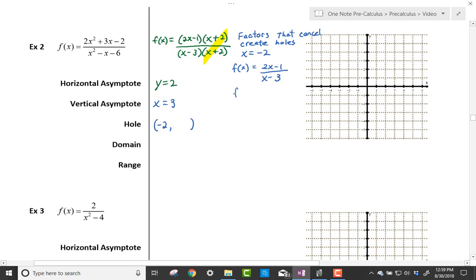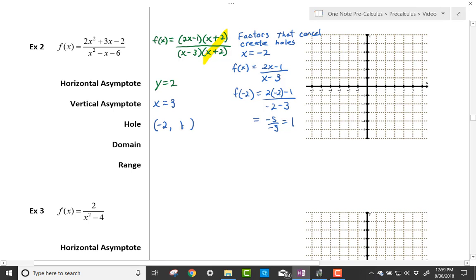So I'm going to find f of -2. That's going to equal 2 times -2 minus 1 over -2 minus 3. So this is -4 minus 1 is -5 over -5, which equals 1. That's the y value of my hole right there.